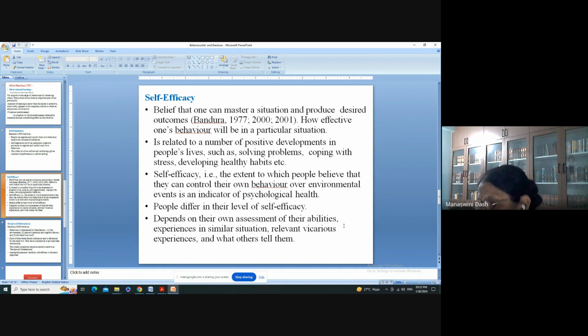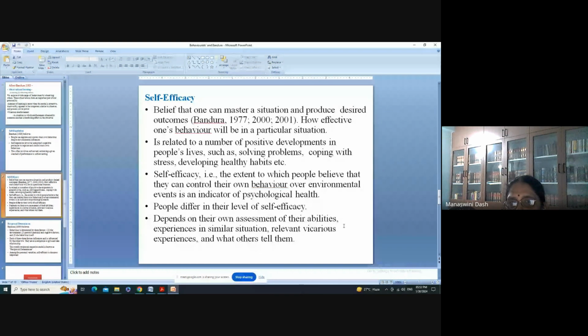Another factor which influences self-efficacy is what other people tell them about their competence. The third factor influencing self-efficacy is the person's own assessment of his abilities. So, three things are important for the level of self-efficacy. First, the person's success or failure experiences, past experiences.